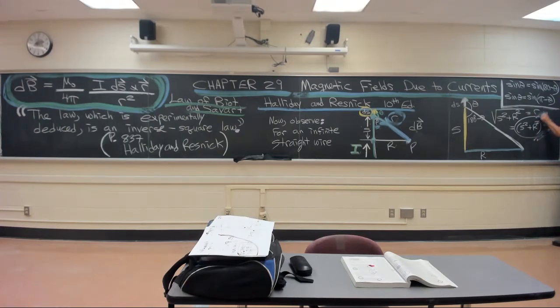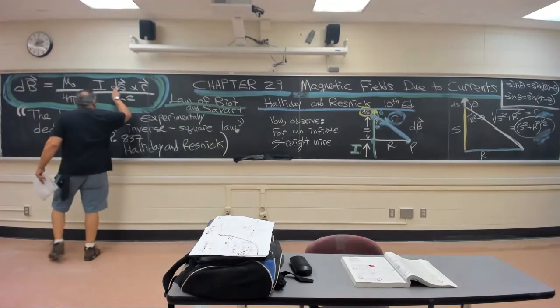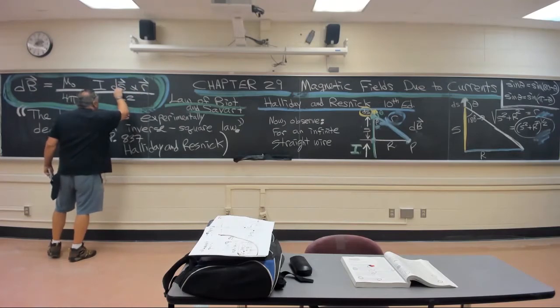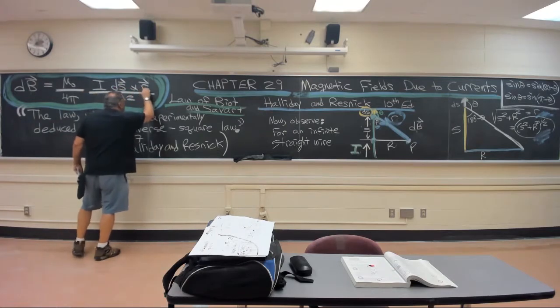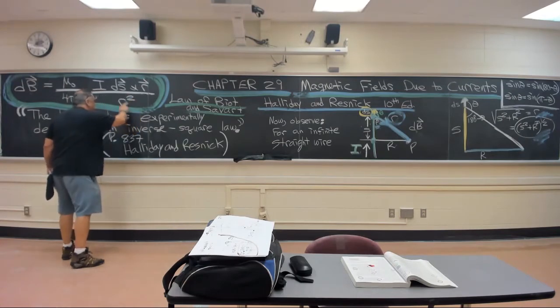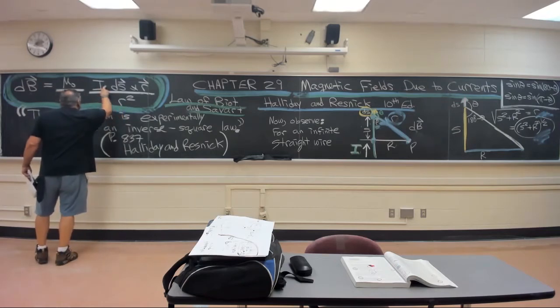So we can look at that as well, just to have it in the back of our mind when we're doing this. If I do the cross product associated with these two items, the differential length ds vector cross the r vector, that cross product divided by r squared times the magnitude of the current.